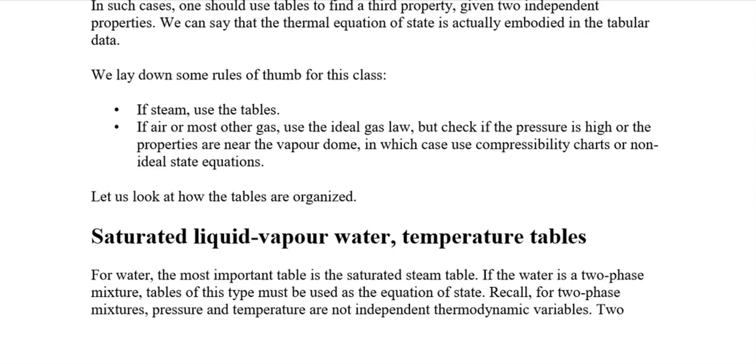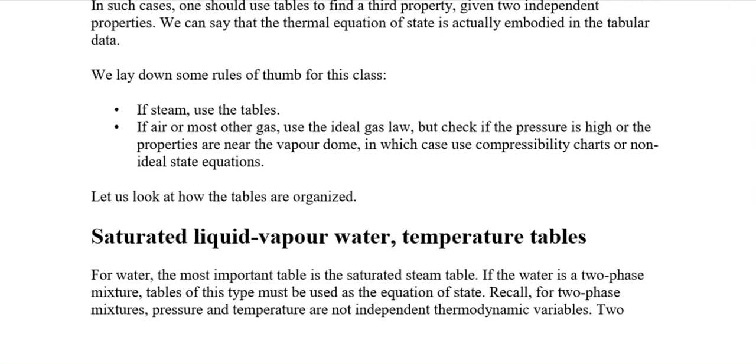But if we are talking about air or most gases, we would be using the ideal gas law. If the pressure is too high and we are near the vapor dome, we would be using the compressibility chart and non-ideal equations of state. But for the simplicity of the course, mostly we are talking about the ideal gas law, not the non-ideal equation of state.